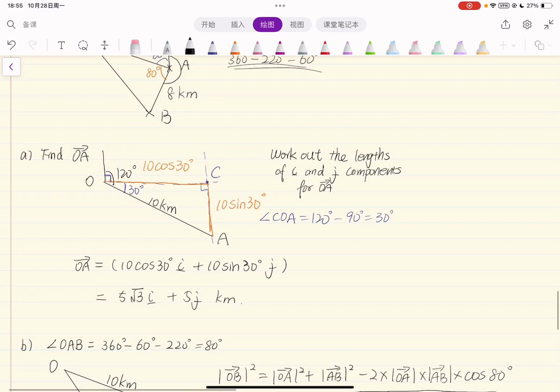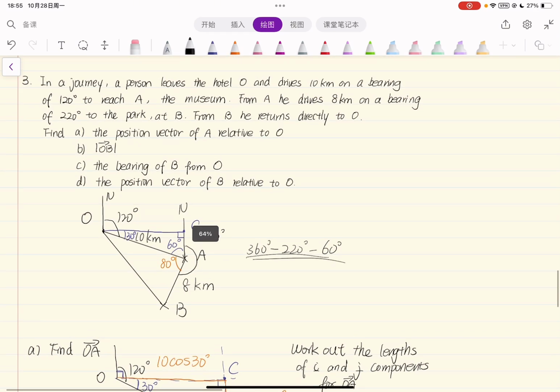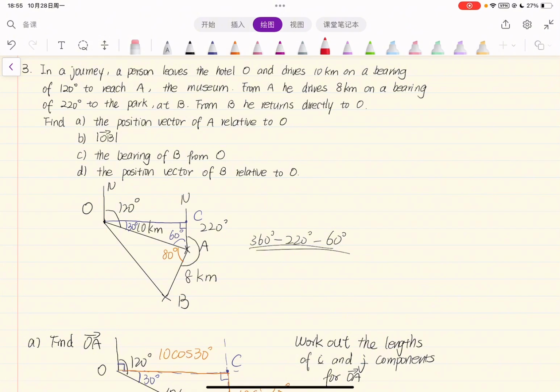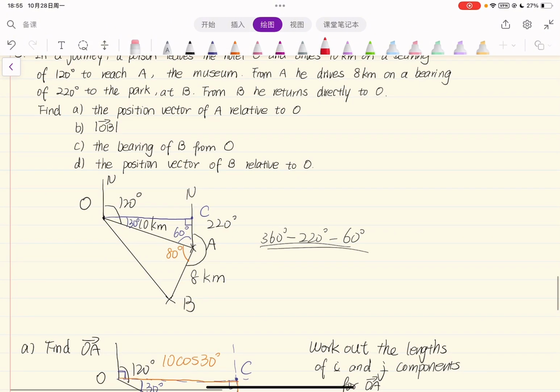Now let's move on to see the part C question. It asks you to find the bearing of B from O, which means the question asks you to find the value of this angle. What we are missing is the angle AOB.